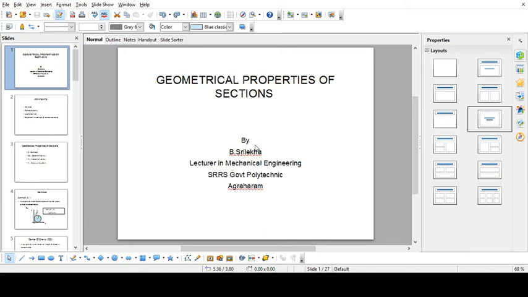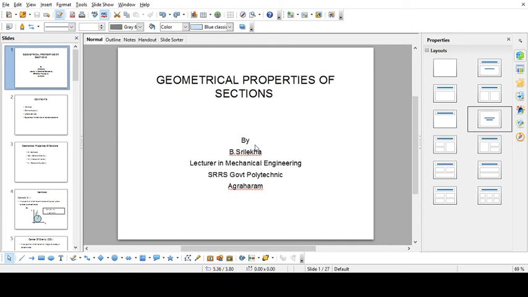Similarly, the distance of the centroid from the x axis is y bar equal to sigma ay by sigma a. Some notes we have to remember: if an area has an axis of symmetry, then the centroid will be on that axis only. So if it is symmetric about the y-axis, then the centroid will also lie on that y-axis.